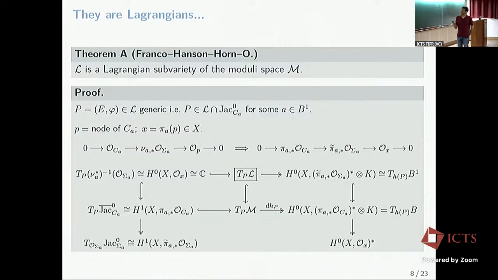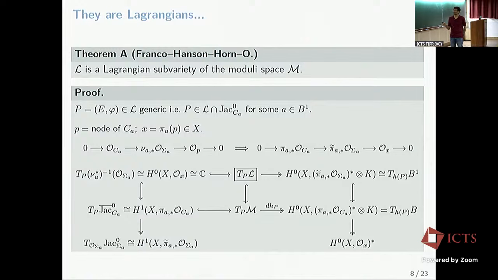So take a generic point in this L, and by generic, I mean something on really a nodal curve, and something which comes from a line bundle, not a torsion-free sheaf. And so here's the tangent space to the moduli space at this point. And we have the derivative of the Hitchin map.